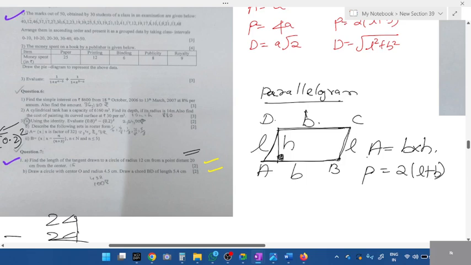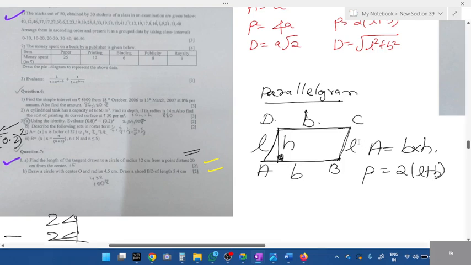Make a note of the formula. Area is equal to base into height. Perimeter is 2 into L plus B. Done.